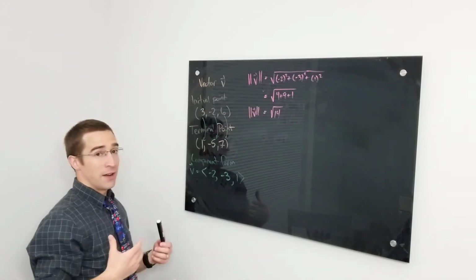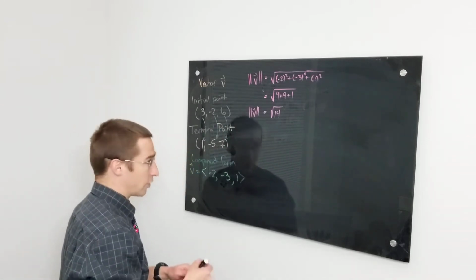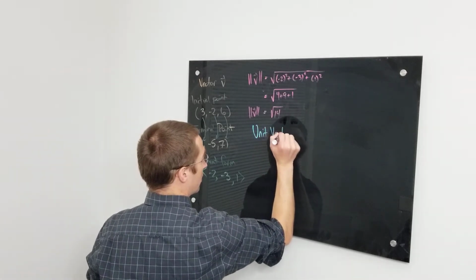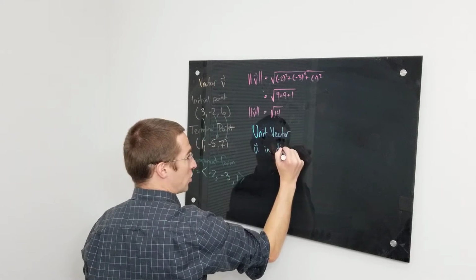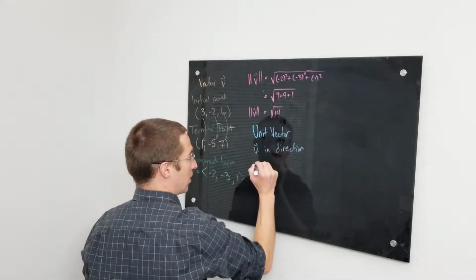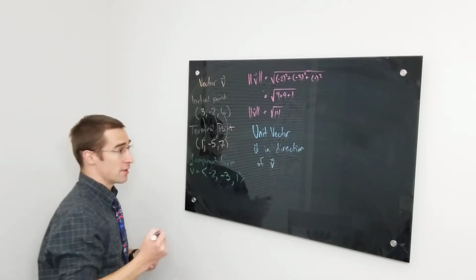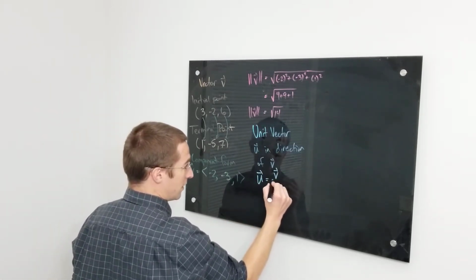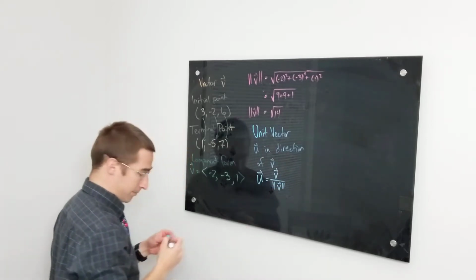So now if I want to find a unit vector, let's say we want a unit vector u in the direction of v. What we do here is just say, well, u equals vector v divided by the magnitude of vector v.